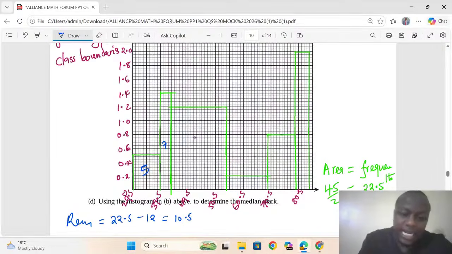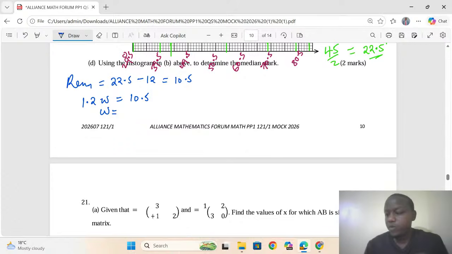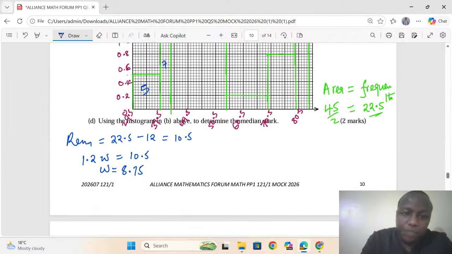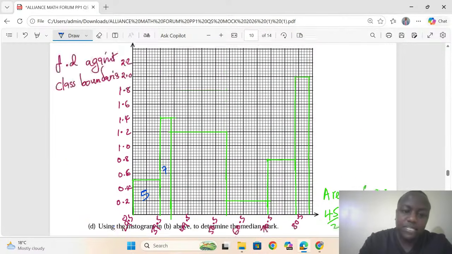In the third class, the height is fixed at 1.2, times a known width, so that we may get 10.5. So the width is going to be 10.5 divided by 1.2, and I'm getting 8.75.